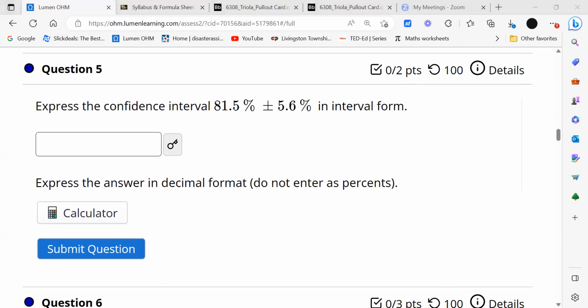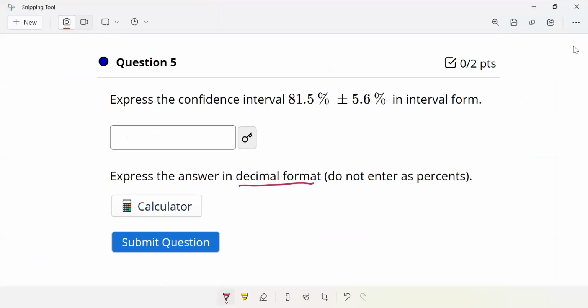In question 5, we have a confidence interval already expressed with the plus minus sign, but you want to turn it into the confidence interval form. So basically, you just need to do a quick conversion here. But they want decimal forms, right? So first of all, we're going to convert this to decimal. 81.5% is 0.815.